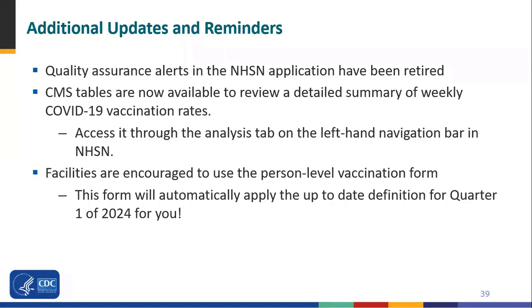The tables can be accessed using the Analysis tab on the left-hand navigation bar of NHSN. Facilities are also encouraged to use the person-level vaccination form. The form will apply the up-to-date definition for you for Q1 of 2024.